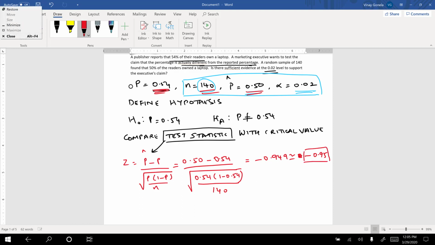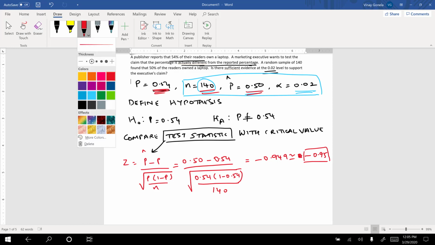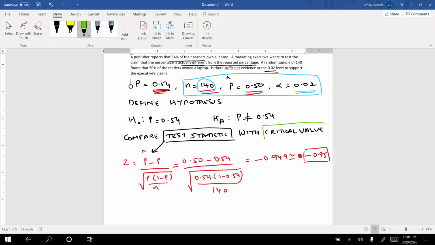Now the critical value. For a two-tail problem, it would be z alpha over 2. If it is one tail, it would be z alpha.